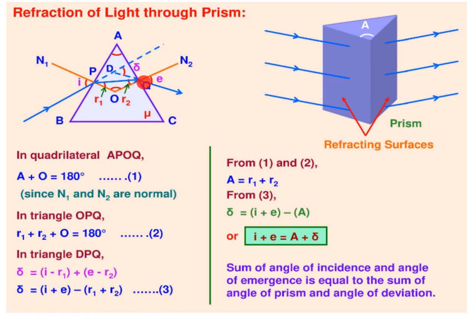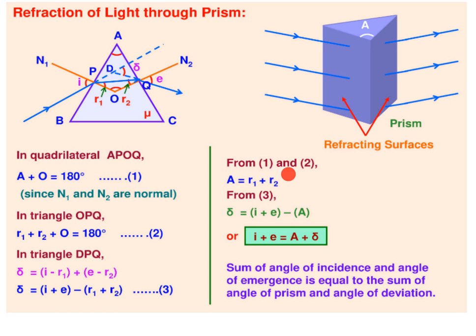Angle DPQ is I minus R1, and angle DQP is E minus R2. Therefore, delta is equal to I plus E minus (R1 plus R2).